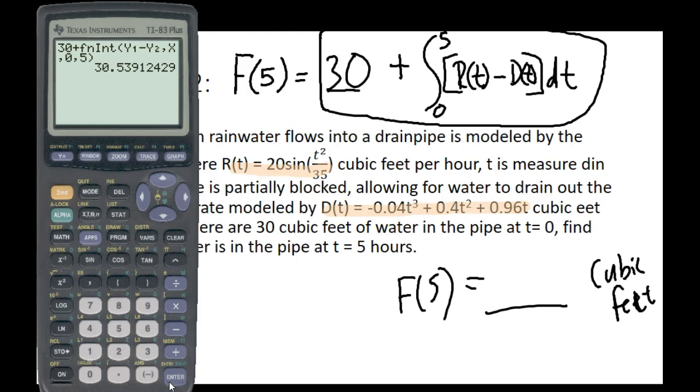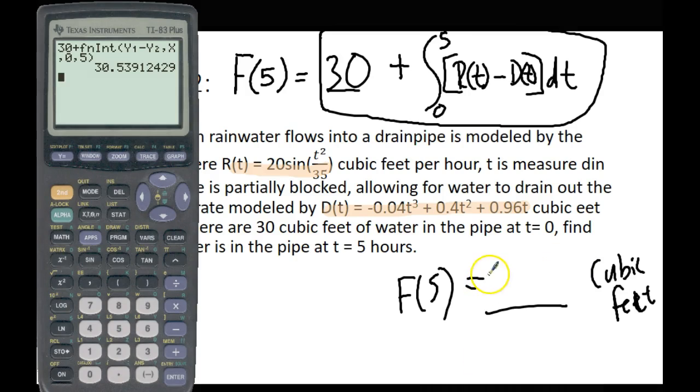And there's our answer. It's 30.53. It's much easier to do that yvars thing than to try to type those into the integral, because you have to use parentheses and separate everything and type it in just right. This keeps it nice and clean and simple.